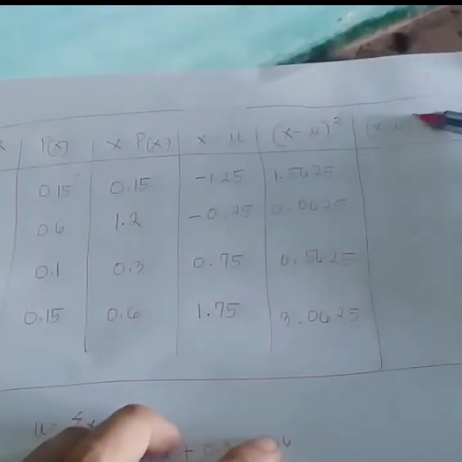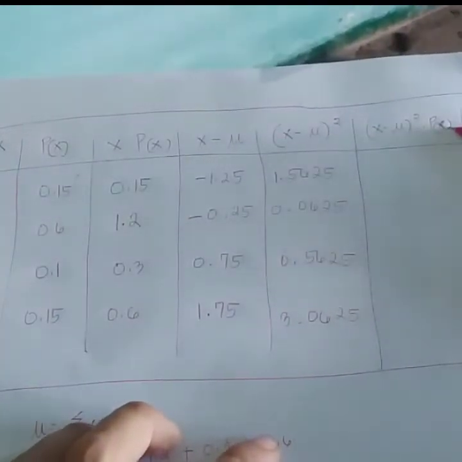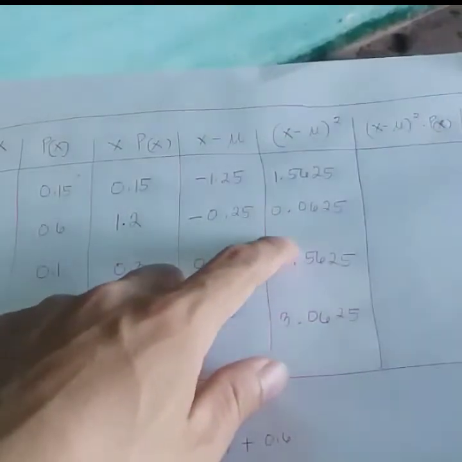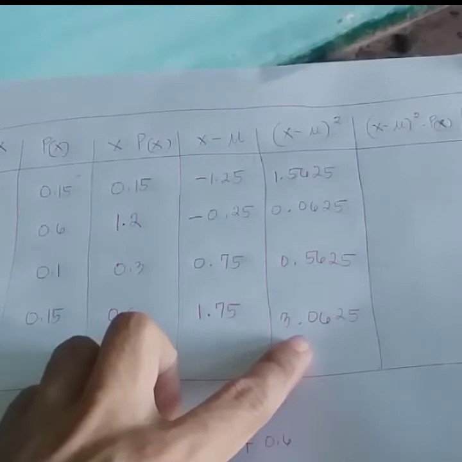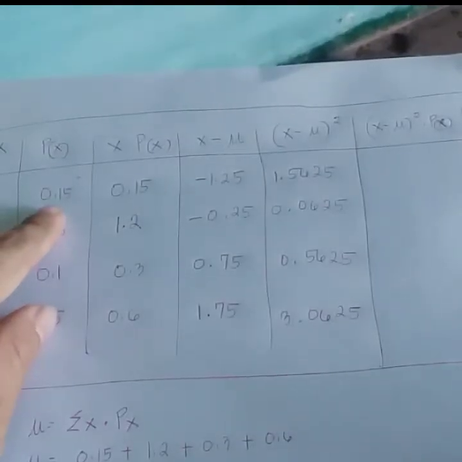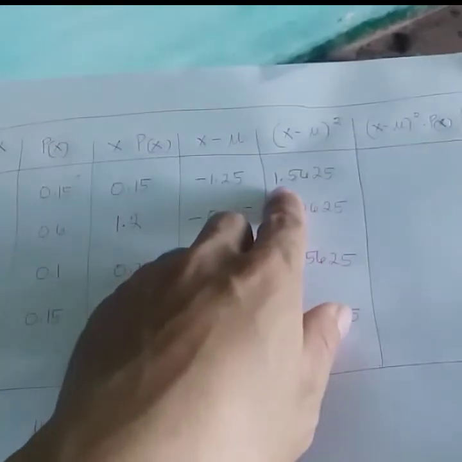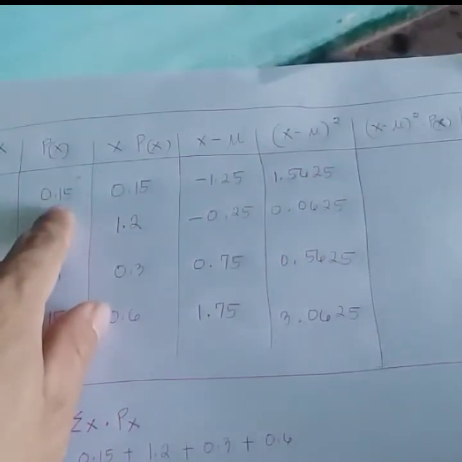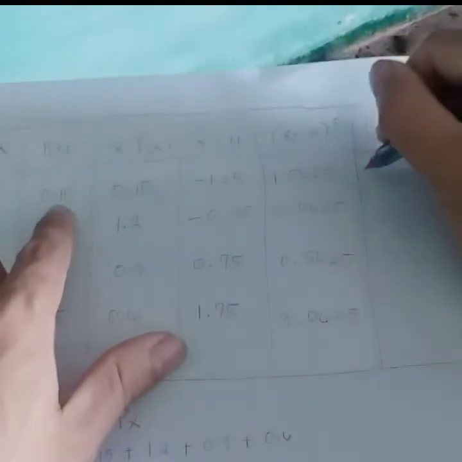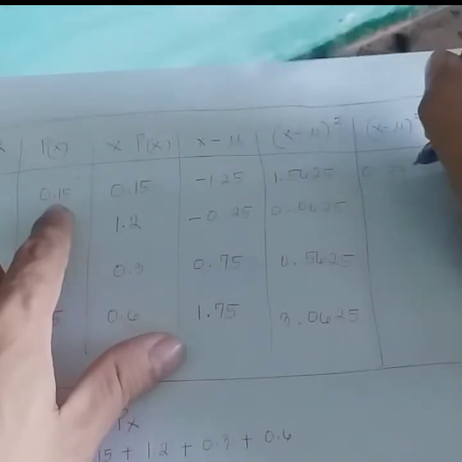Okay, for the last column, x minus the mean squared times the P of x. So we go back to the fifth column. All of the values of the fifth column, we're going to multiply by the values of the P of x. Okay, 1.5625 times 0.15. We have the answer of 0.234375.